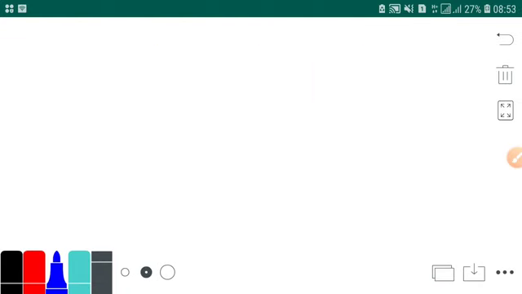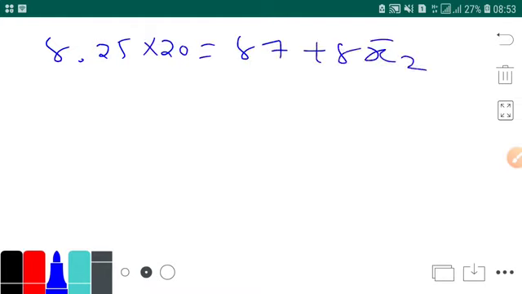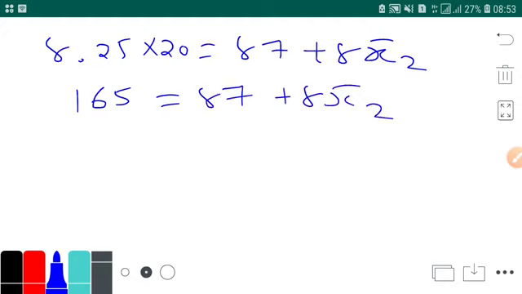Let us write on a new page. 8.25 into 20 is 165, so 165 is equal to 87 plus 8 into x bar 2.